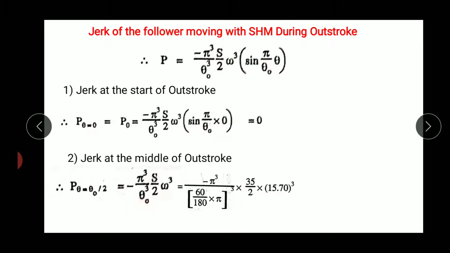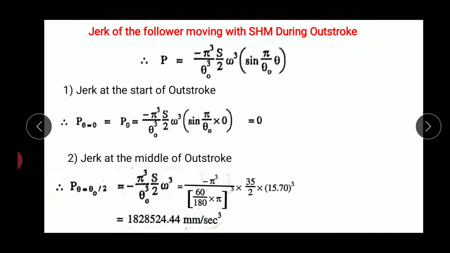Theta o, here it has been put in terms of degrees, that is 60 degrees into pi by 180, so it becomes radians, and whole bracket cube. You should remember this, whether you are putting it in terms of degrees or radians. You can either put it in terms of radians as 1.047 radians, and you need not put this entire term over here, into 35 by 2, so it is 35 mm into angular velocity.